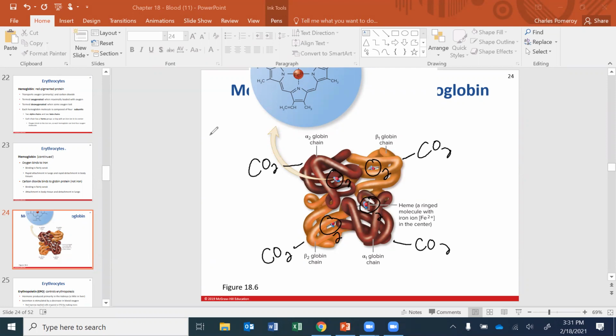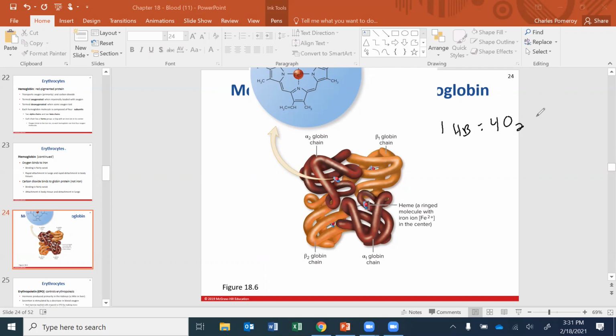And so a hemoglobin molecule can carry 4 oxygens, and if it has to, it can also carry 4 carbon dioxides simultaneously, because there's no competition.